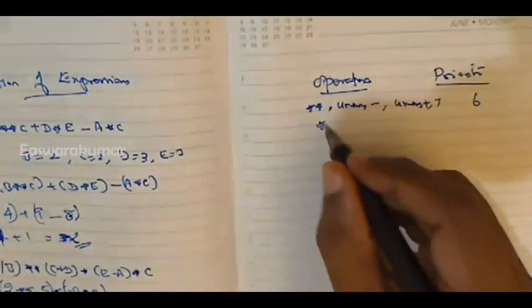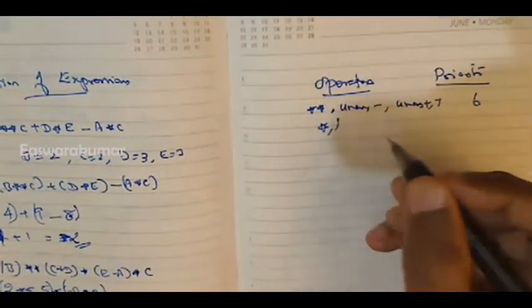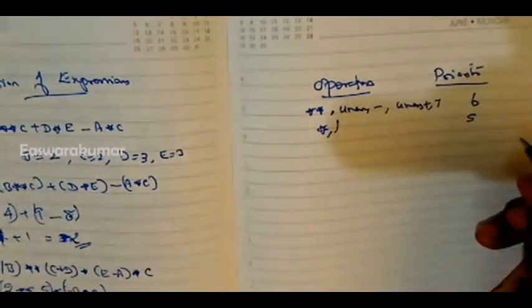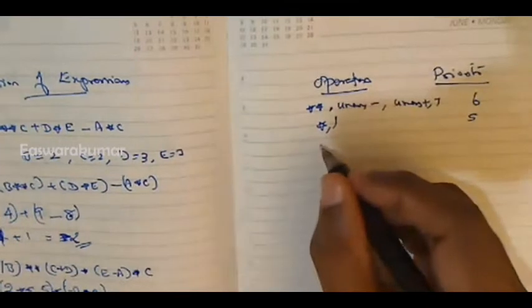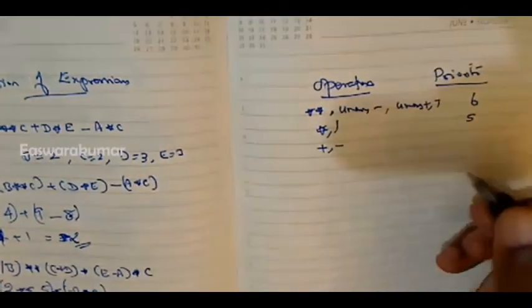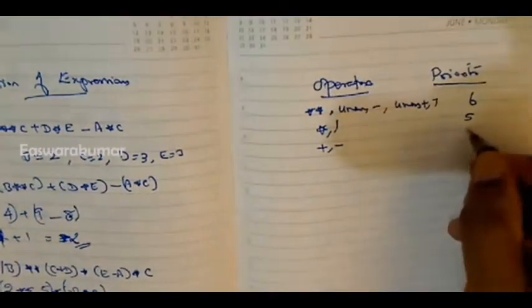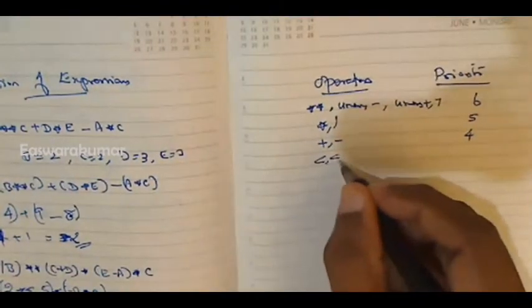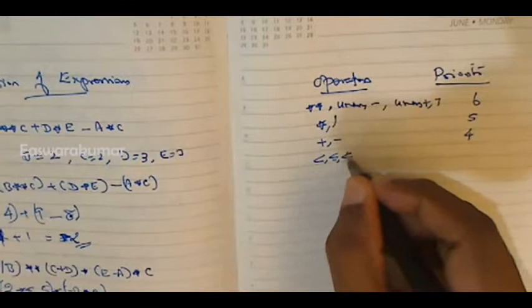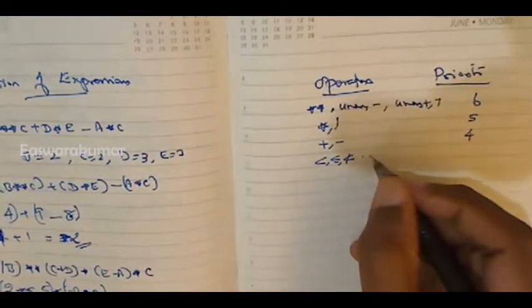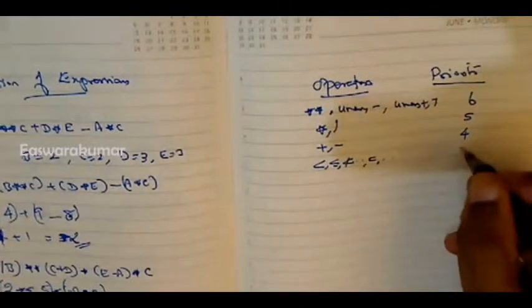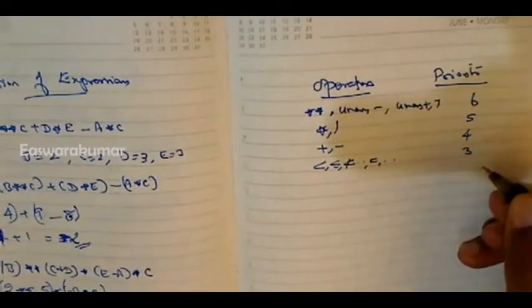Then if the operator is multiplication or division, the priority is 5. Then next, the arithmetic operators plus and minus, right? For that the priority is 4. Then comparison operators like less than or equal to, less than, etc. All these comparisons we assume have priority 3.